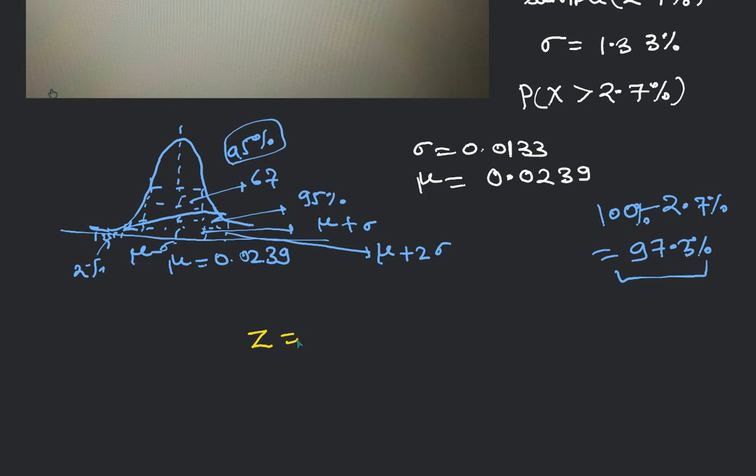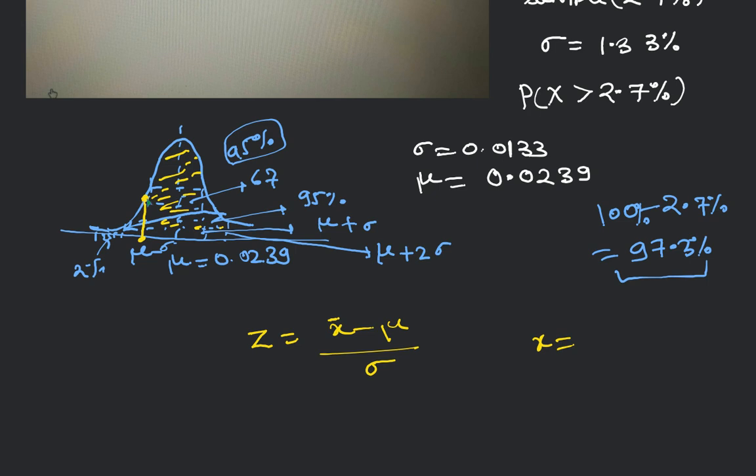Z score is equal to x minus mu over sigma, where sigma is the standard deviation and mu is the mean. So in that case, x is basically the height. When we find out this value, just give me a moment.